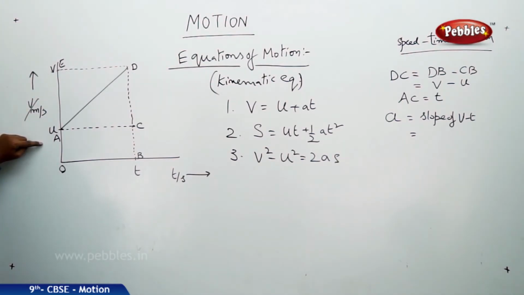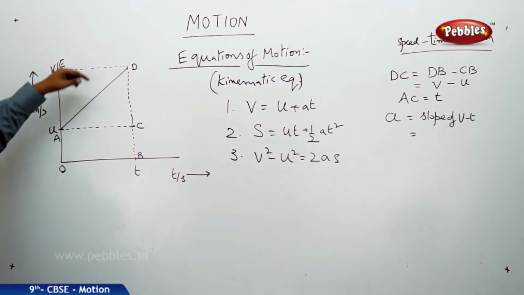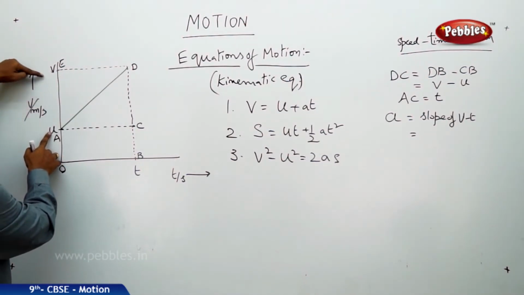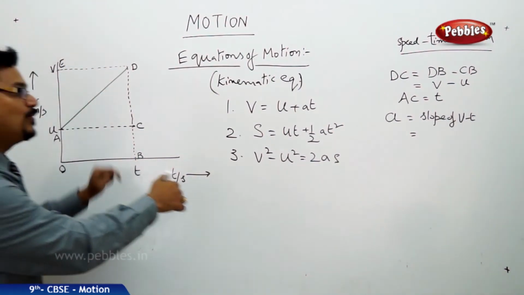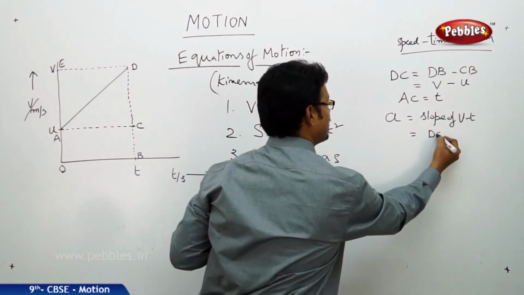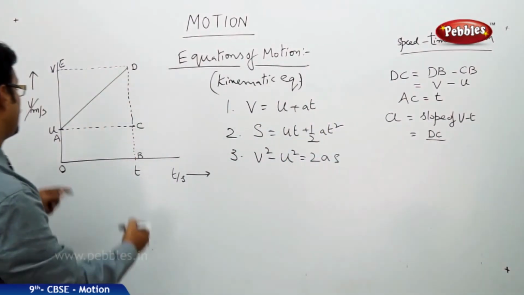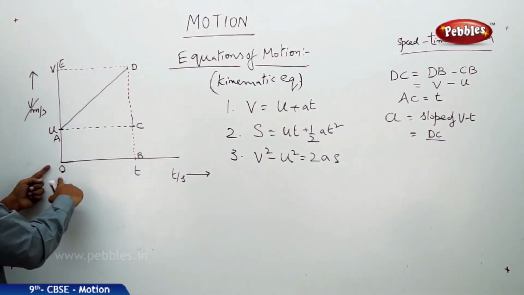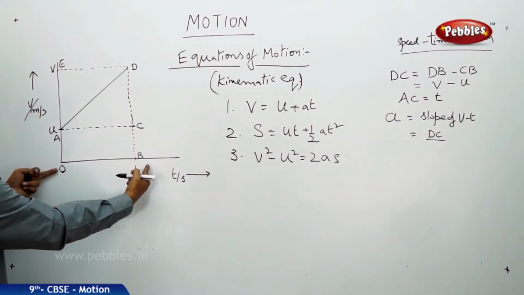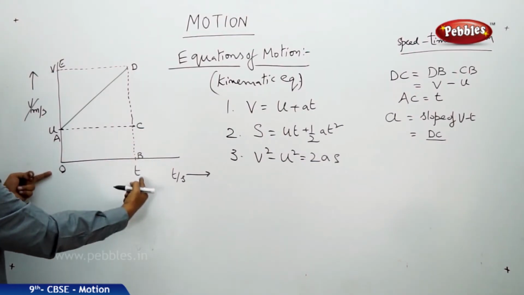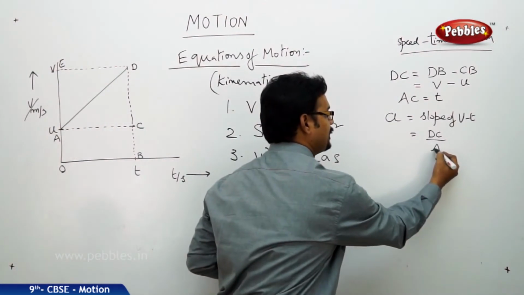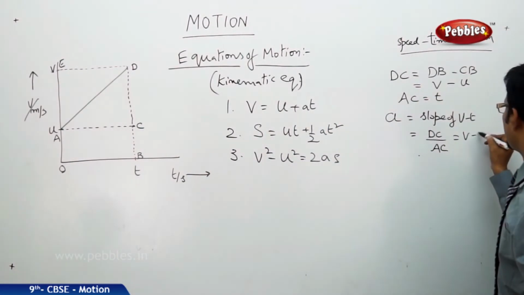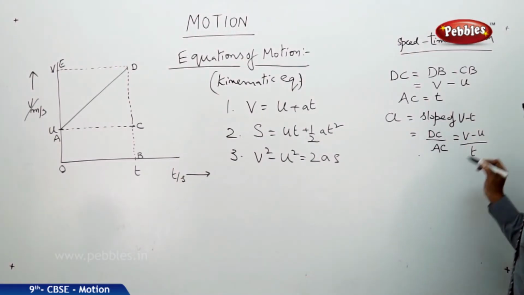The difference is y2 minus y1, which is nothing but DC. So acceleration A is DC by x2 minus x1. The x2 minus x1 is nothing but OB, or I can say AC, and AC is T. I am writing AC here. So DC is V minus U, divided by AC, which is T.